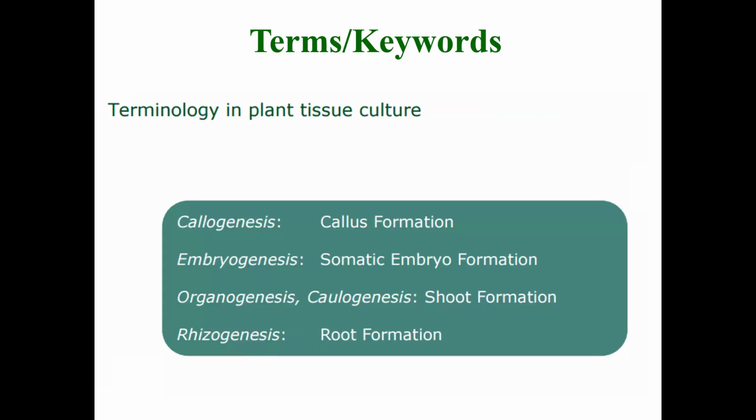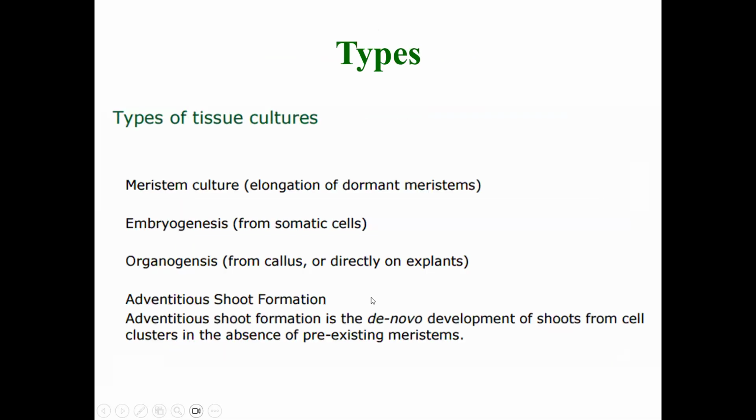So these are some more advanced terminology: calogenesis, that is callus formation; embryogenesis, embryo formation; organogenesis, that is shoot and root development; rhizogenesis means root formation. So tissue culture can be of different types. For example, meristem culture, that is you take meristem tissue and then culture.